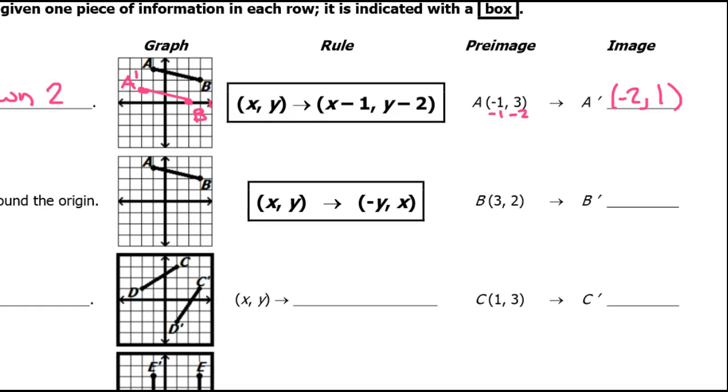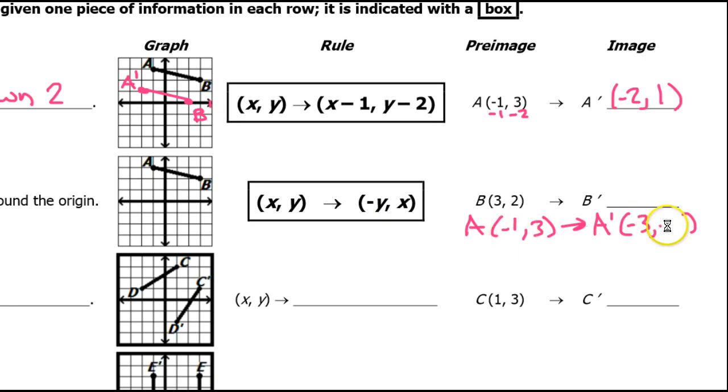To actually perform this, we will use the rule. So let's see. Point A is the point negative 1 comma 3. Okay, so let's find A prime. Opposite of y, x. The opposite of y is negative 3.